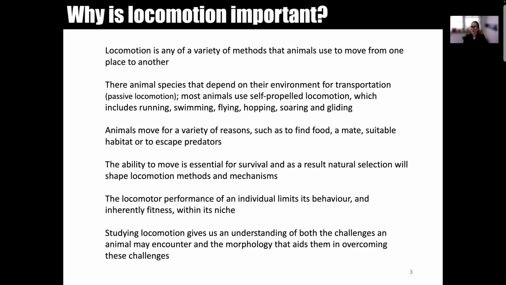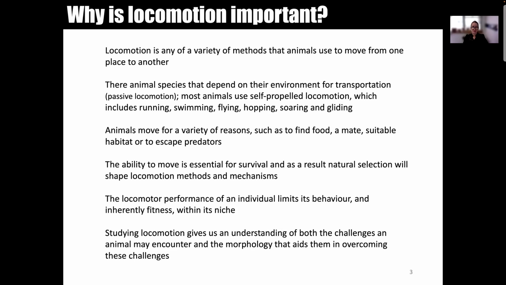However, most animals will use self-propelled locomotion, which includes things such as running, swimming, hopping and gliding. Animals will move for a variety of reasons, most likely to do with finding food, a mate, suitable habitat, or to escape predators. So locomotion obviously has a lot to do with survival and reproduction.